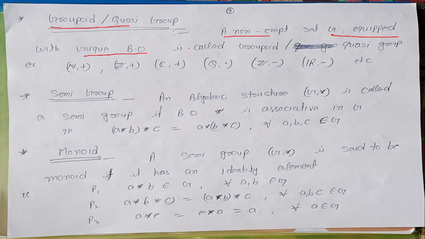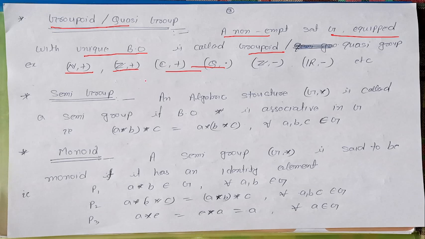So if a set under a certain binary operation satisfies it, then it is called a groupoid. Natural numbers with respect to addition, integers with respect to addition, complex numbers with respect to addition, rational numbers with respect to multiplication, integers with respect to subtraction, these all form a groupoid.